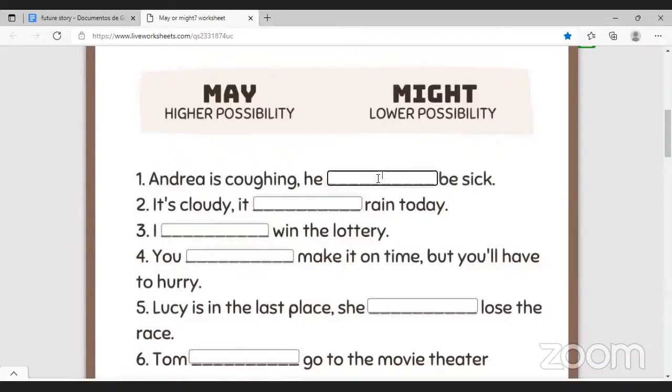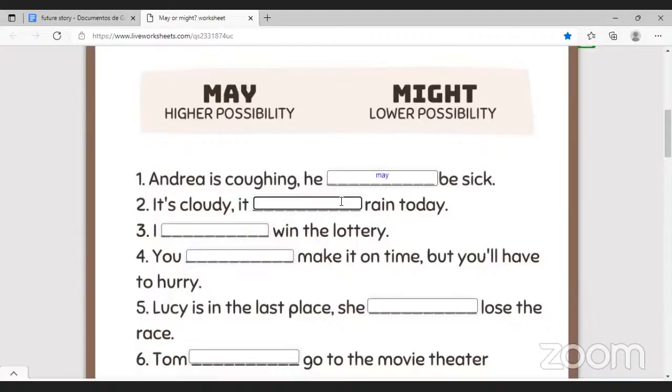Okay, so let's start. Larissa, what do you think the first? Coughing. Andrea is coughing. He may be sick. All right. Excellent. Let's repeat this word one more time, please. Coughing.